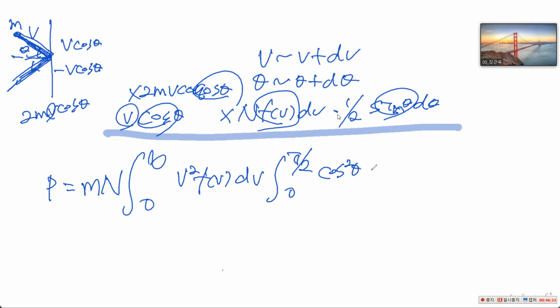So cosine squared theta, sine theta d theta. So we have to calculate this.